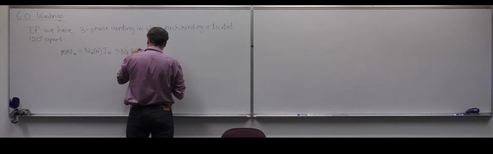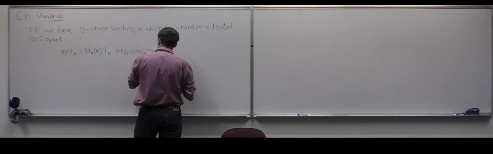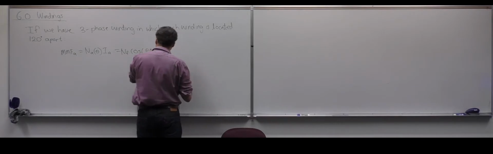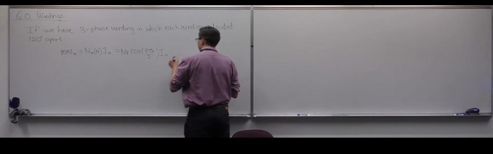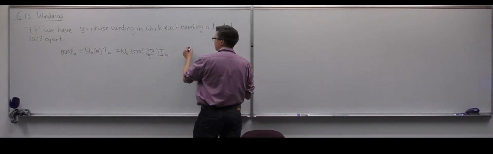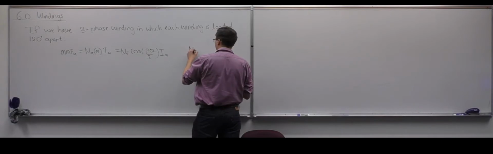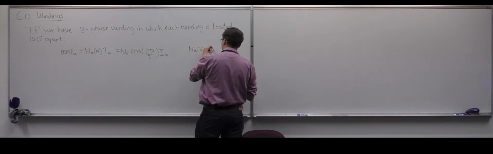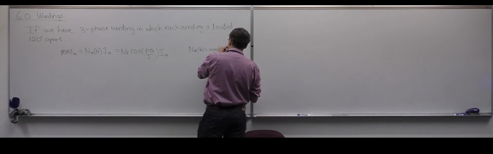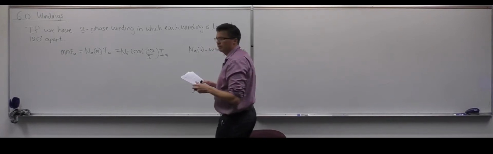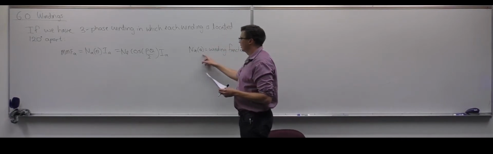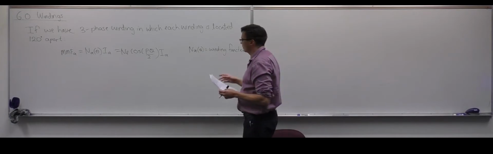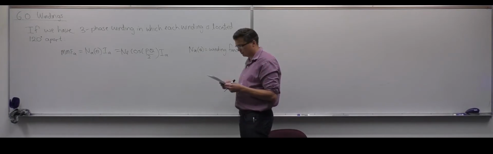And if we assume that the winding function is cosine, where NA is the winding function, and I'll upload a background document on winding functions and turn functions for those of you that didn't take the prerequisite class.